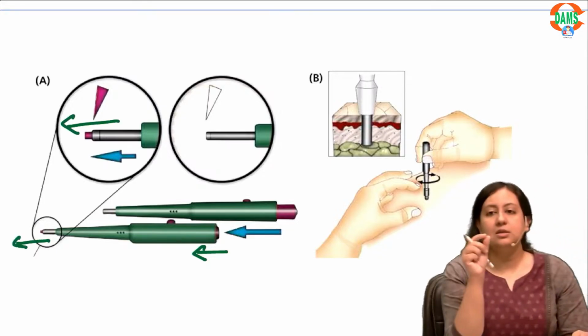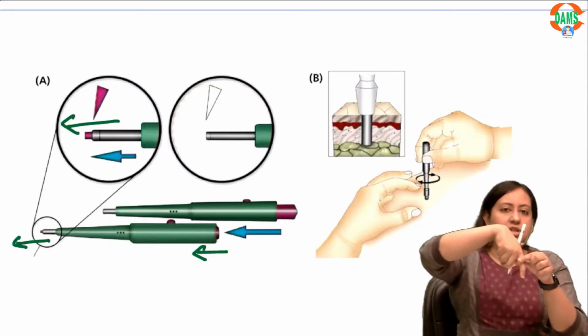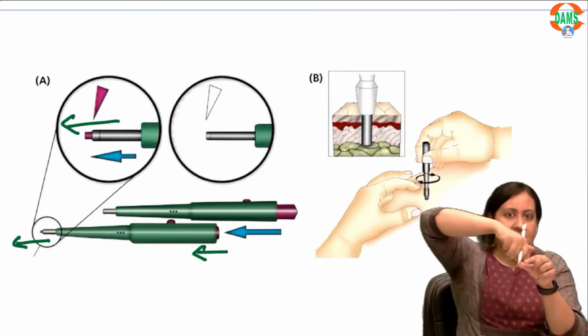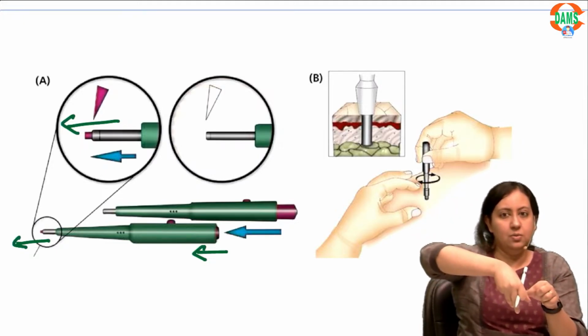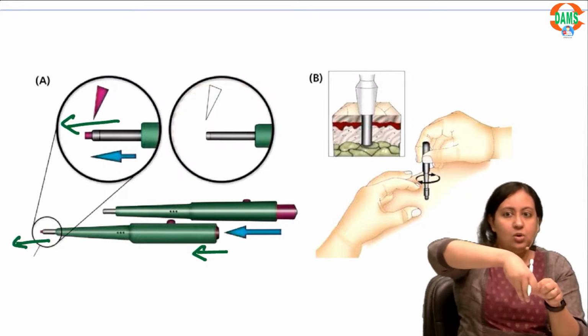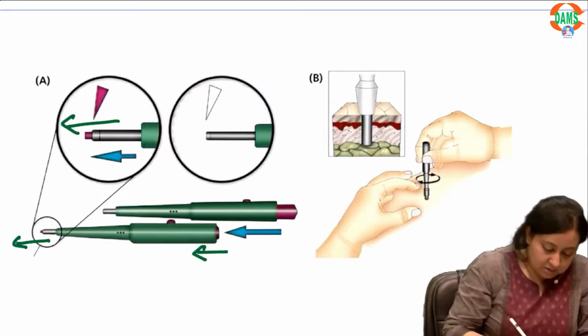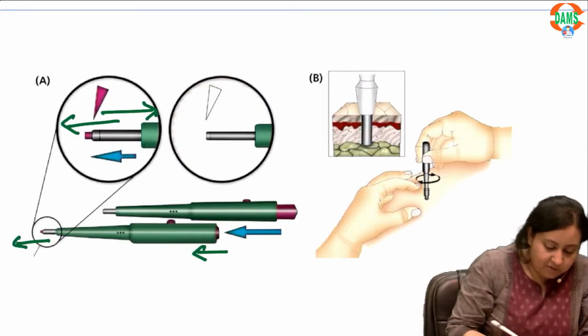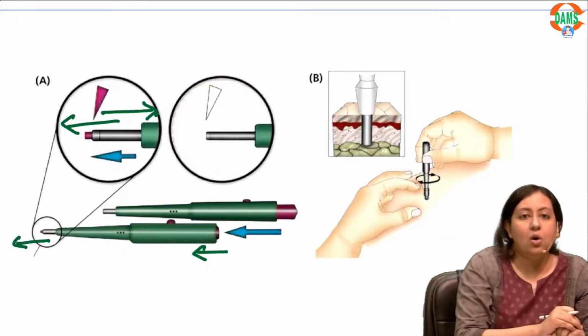All right. This is a sharp hollow cylinder which goes inside the tissue, and once you rotate it, this hollow cylinder paves its way into the tissue. All right. It catches hold of the tissue, and once you rotate it back, it comes out. This cylinder is retracted back once you withdraw the punch, and it comes out with your tissue.